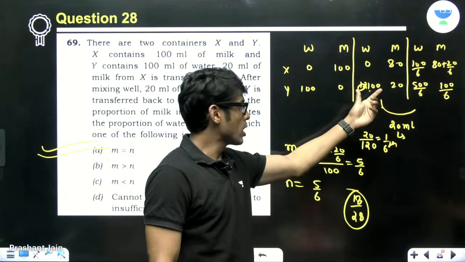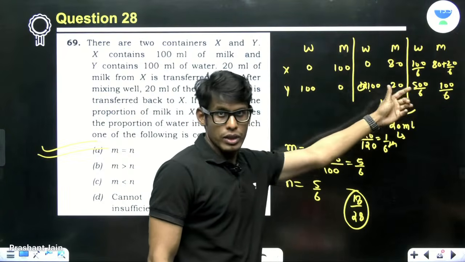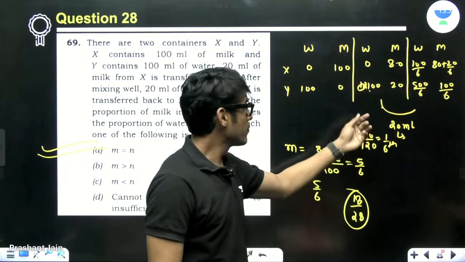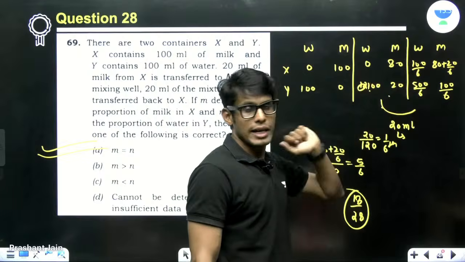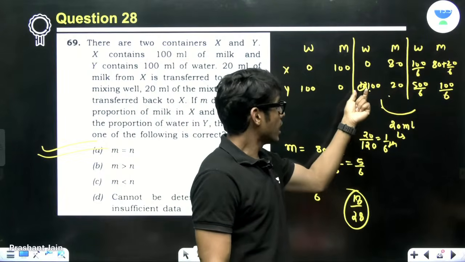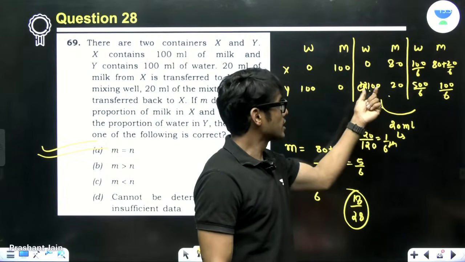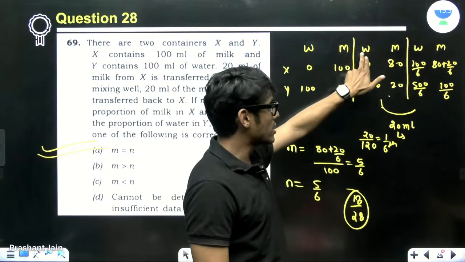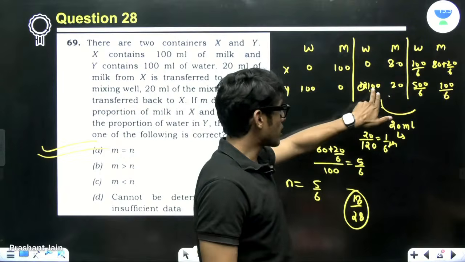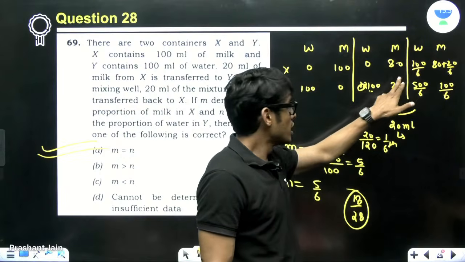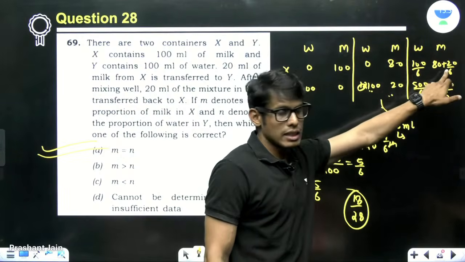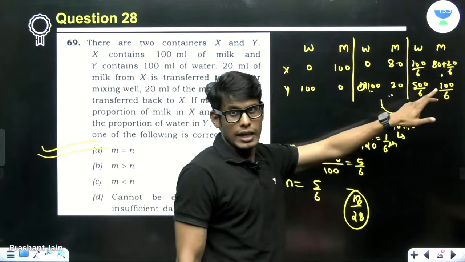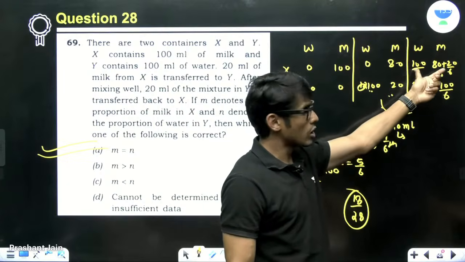So if you are transferring back 20 ml, 20 upon 6 will be the milk that is getting passed here, and 100 upon 6 is the water that is getting transferred back. X had 0 water content, so 100 by 6 directly gets added here. 20 by 6 milk is getting added here. So this is the total content.